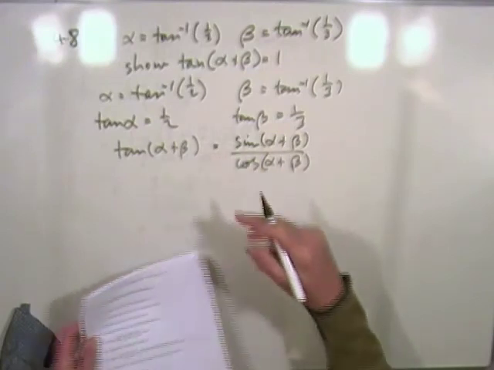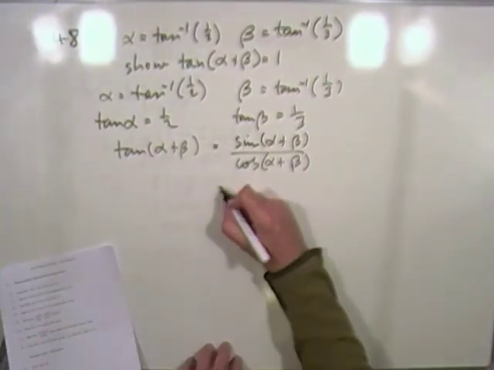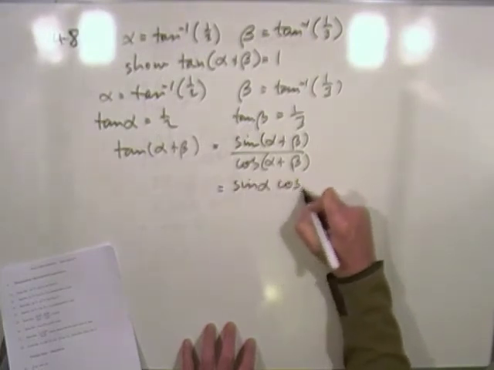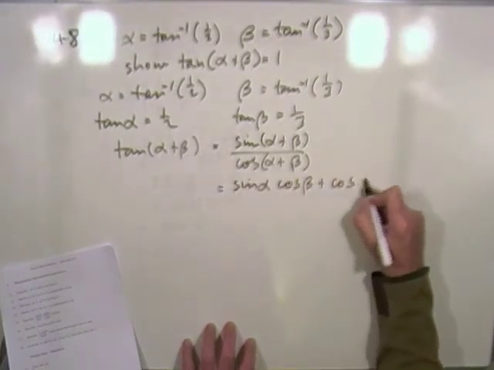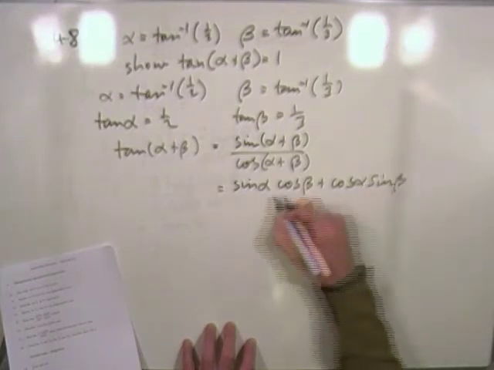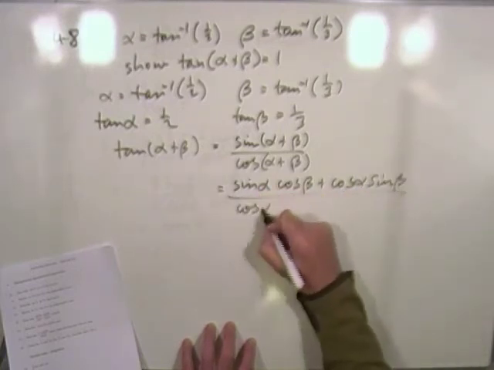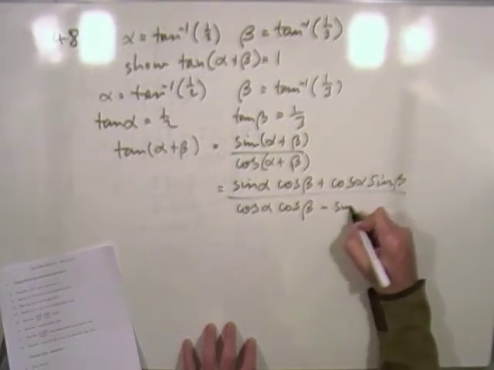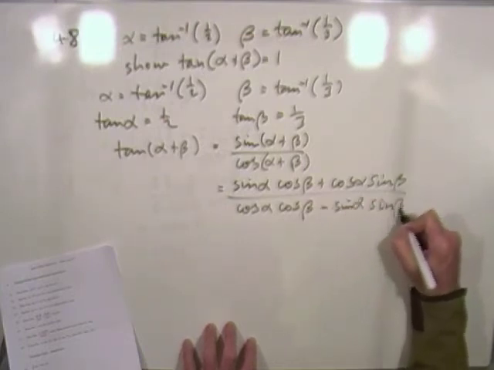But I'm just going to take this right back to that expansion the way it used to be. So what is that for the sine alpha plus beta? That would be sine alpha cos beta plus cos alpha sine beta over cos alpha cos beta minus sine alpha sine beta.